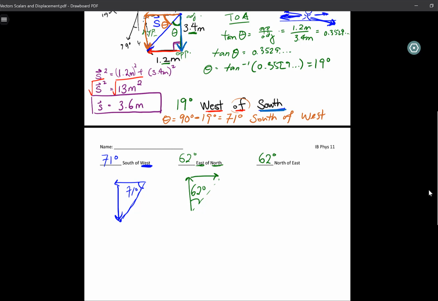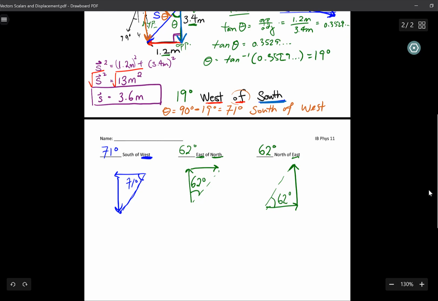Then we start from our starting point. Oh, maybe we should move that a little bit down, like here. Starting point, let's go east first. Remember, it's the opposite, east. Then we go north, okay? This triangle that we make right here, this angle, that's 62 degrees, okay?